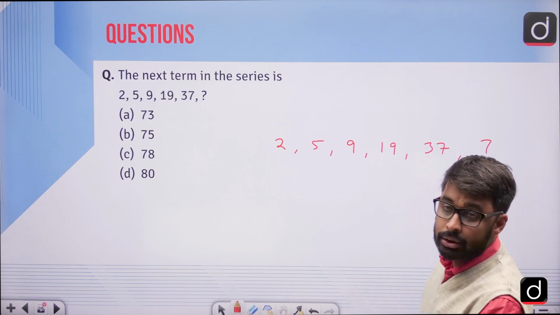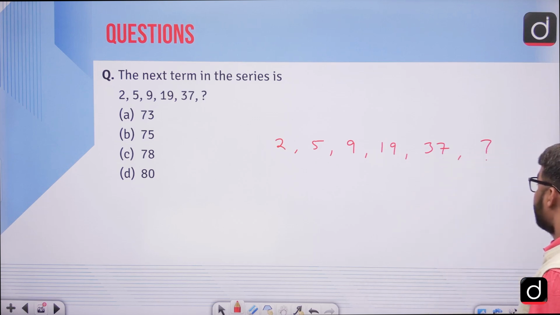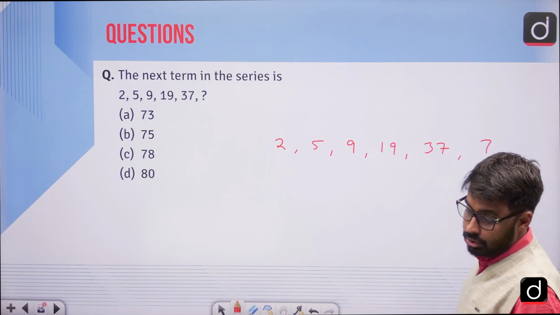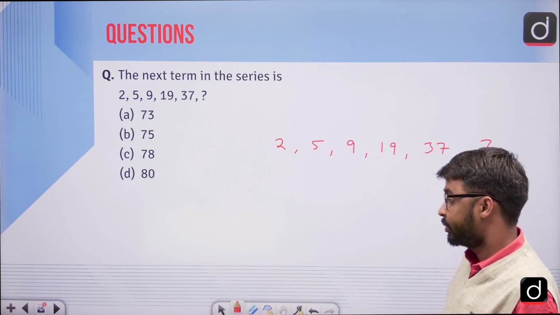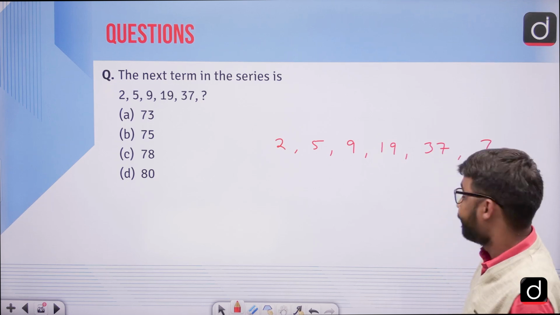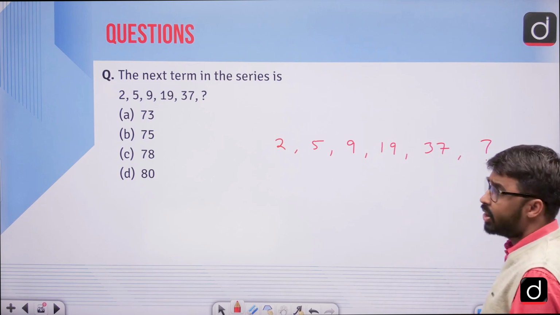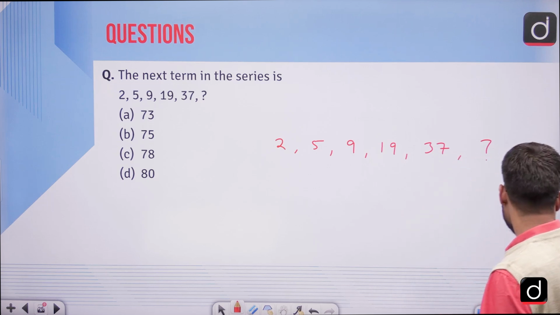Try to apply the concepts, and you will see that no question is going to go outside those concepts. By now you must have solved this question. This was an easy question, right?